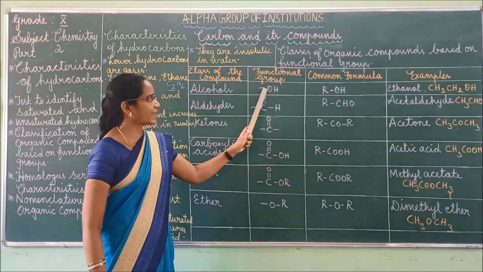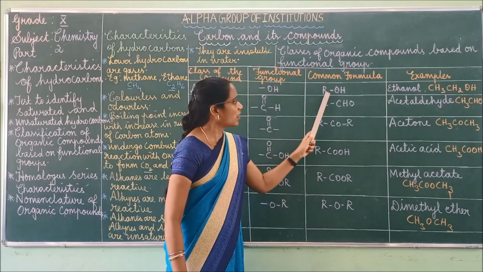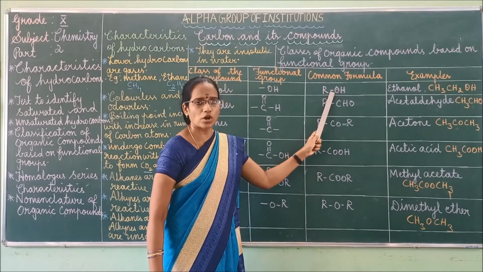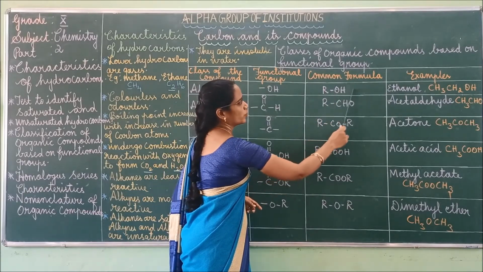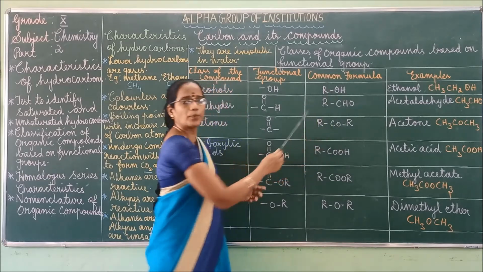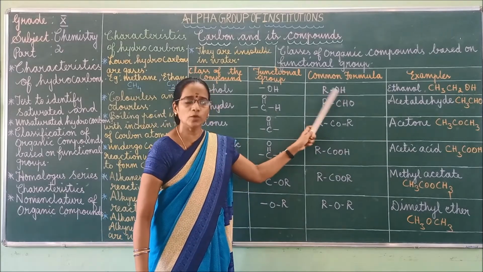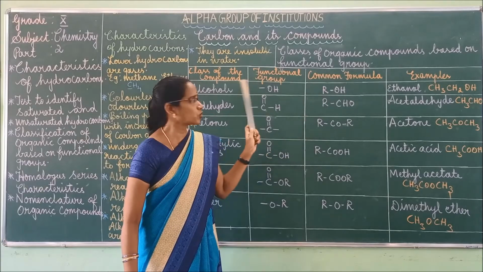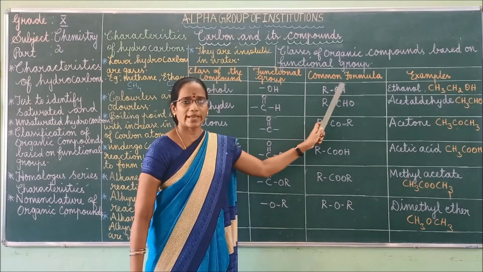Got it, children? The common formula of alcohol is R-OH. Leaving this functional group, the rest of the compound is denoted as R. So the common formula of alcohol is ROH.